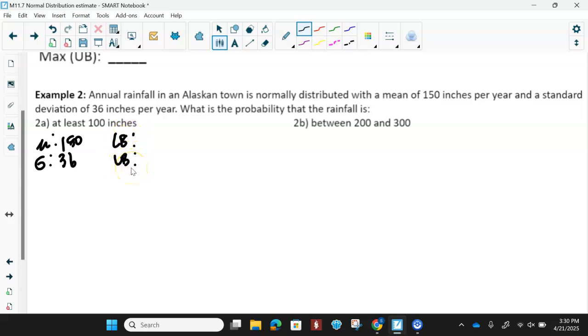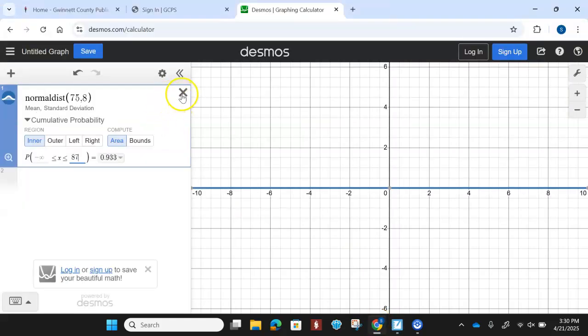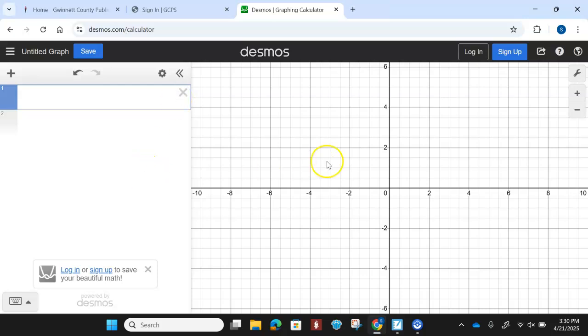So if we want to know the probability of at least 100 inches, that means the 100 represents what? The lower amount, because we're going to go greater than that. So our upper bound, we keep it at infinity. So here, pause the video and let's see if you remember how you would put this in the Desmos graphing calculator. So go ahead and pause the video.